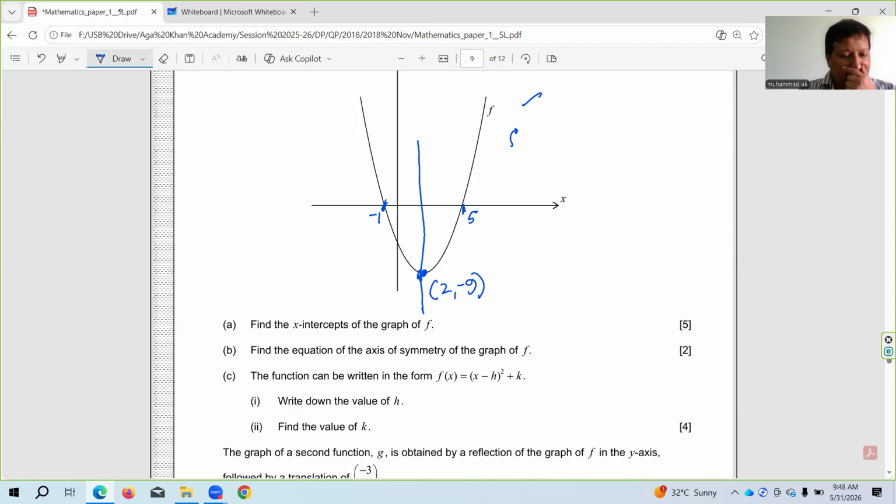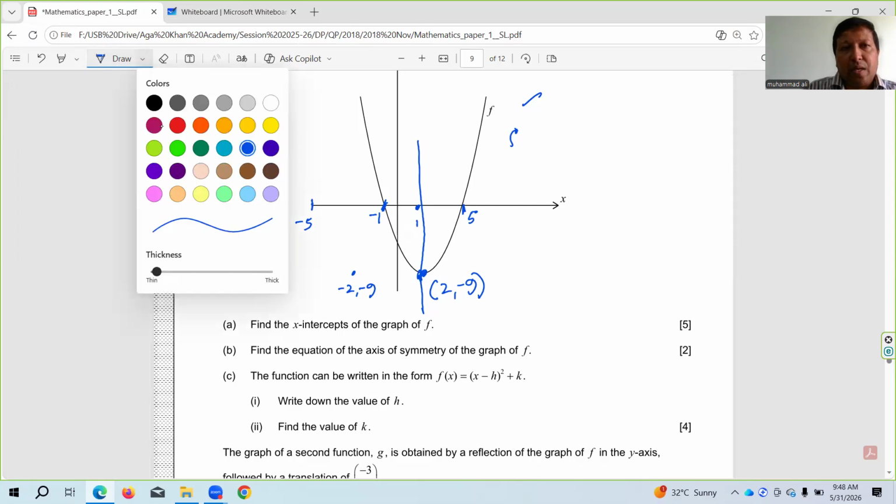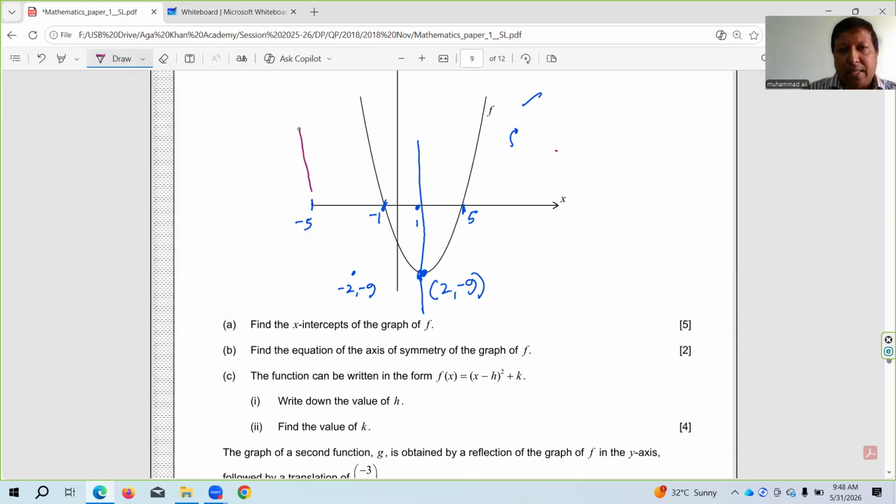If it is reflected in the y-axis, this 2 will come over there. It will be (-2, -9). The 5 will be minus 5, and minus 1 reflected will be plus 1. So our new g function will be like this.